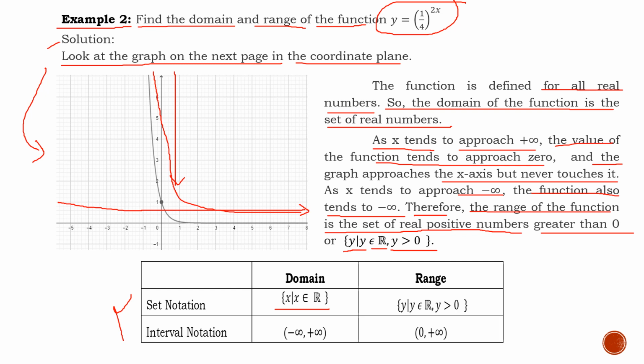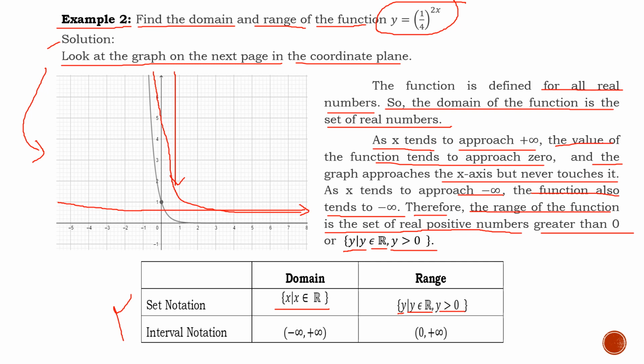Then your range, y such that y is an element of real numbers and y is greater than 0, because there is no point of intersection between the x-axis and your graph, meaning there are no negative values, and 0 is not a value of your range.